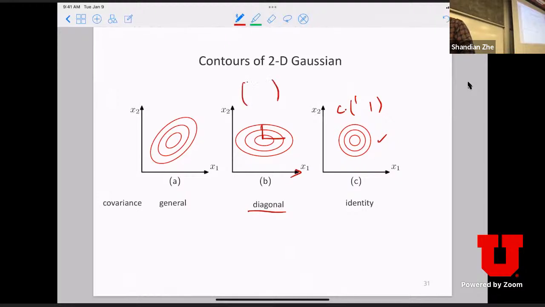For example, 0.8 and 0.2. But in the most general case, it is just some kind of ellipse. They can be inclined. That basically corresponds to a covariance matrix which is dense.